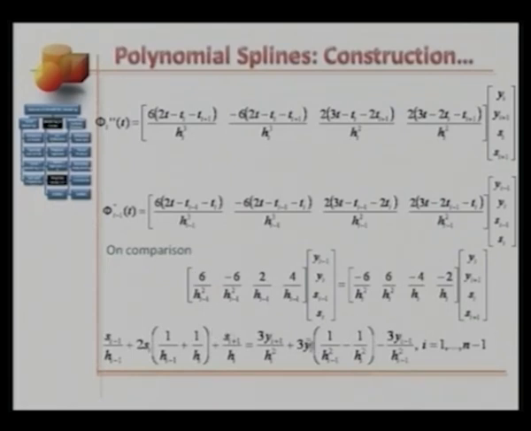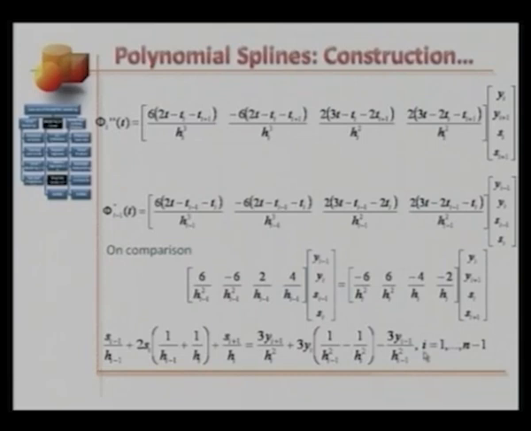We can further simplify this and have this relation: si minus 1 over hi minus 1, plus 2 times si within parenthesis 1 over hi minus 1 plus 1 over hi, plus si plus 1 over hi, equals 3 times (yi plus 1 minus yi) over hi squared, plus 3 times (yi minus yi minus 1) over hi minus 1 squared.